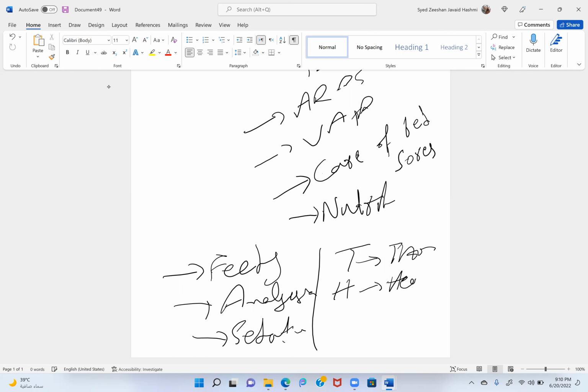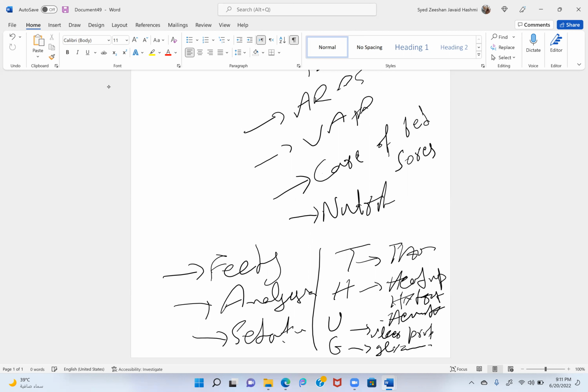Head elevation, yes. Hydration, you can say hydration as well, because this mnemonic is just to help you out. Even hemodynamics you can also say. U is for ulcer prophylaxis. Okay, and G is for glycemic control.